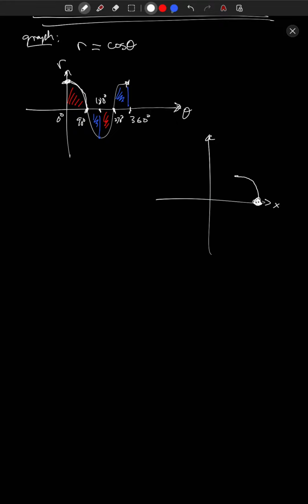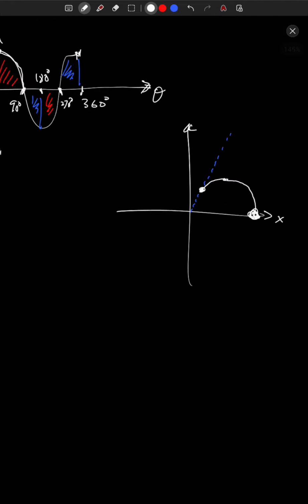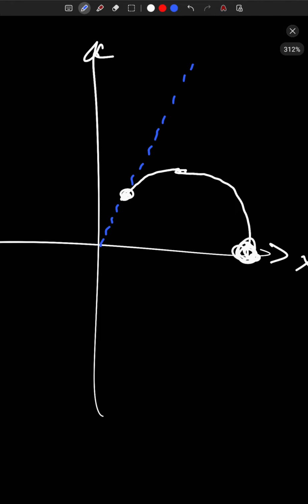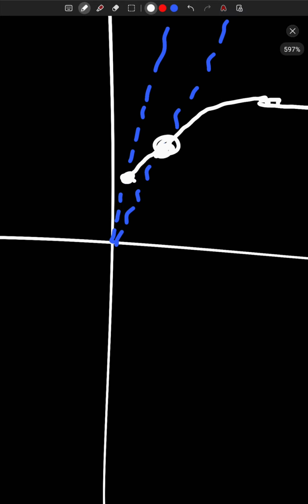Let me draw a couple of things as we're getting closer and closer to 90 degrees. If we're here, we should be pretty close to the origin. Let me zoom this in. If our angle is even closer to 90 degrees, we should be even closer to the origin, so maybe something like that. As we get even closer to 90 degrees, we should be getting even closer to the origin.